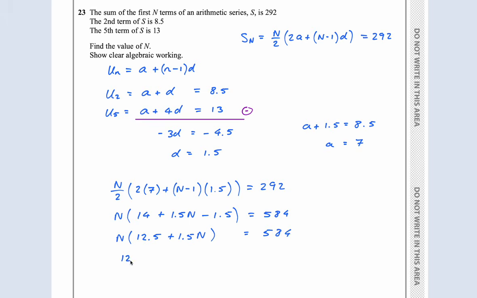Multiply out: 12.5n plus 1.5n squared equals 584. Okay, I don't love decimals here, guys, so I'm going to multiply everything by 2. That gives me 25n, this times 2, plus 3n squared, this times 2, equals this times 2, which is 1168. Use your calculator.